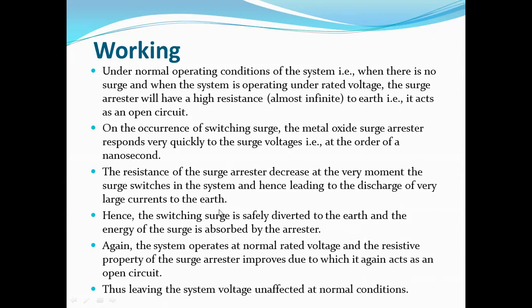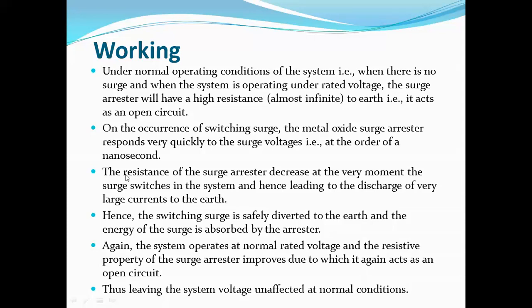If any lightning stroke strikes that pole or that line, the voltage immediately increases. The metal oxide surge arrestor will respond very quickly, it will immediately act, and that is in the order of a nanosecond. It is not a millisecond, not a microsecond, but in the order of a nanosecond.